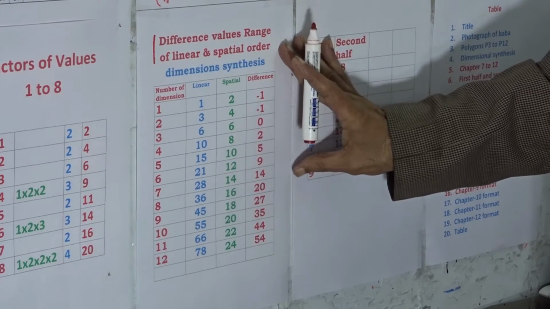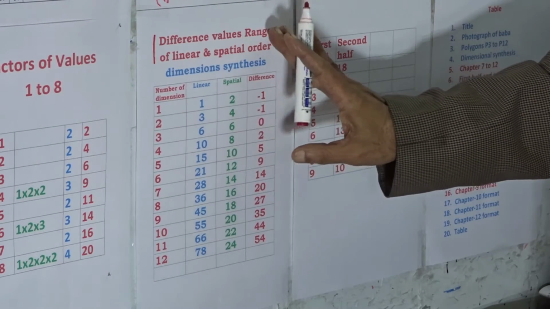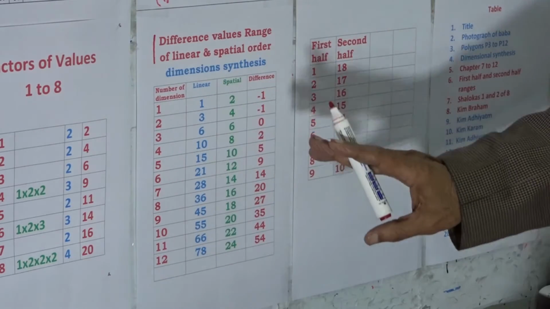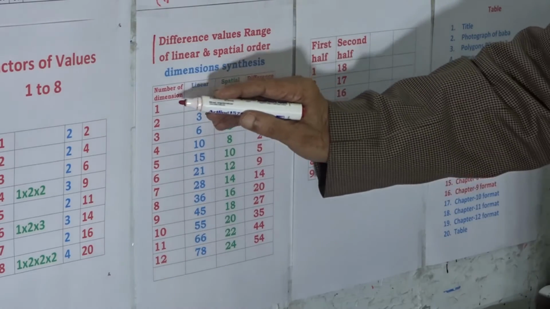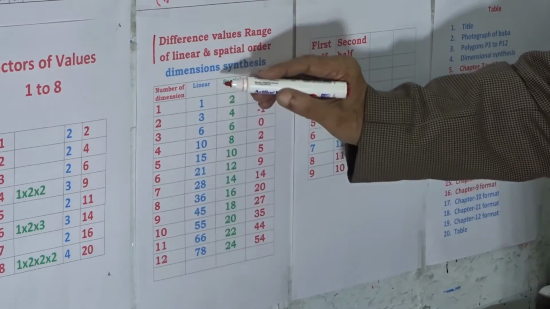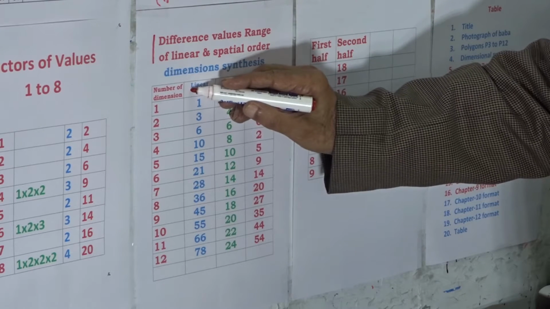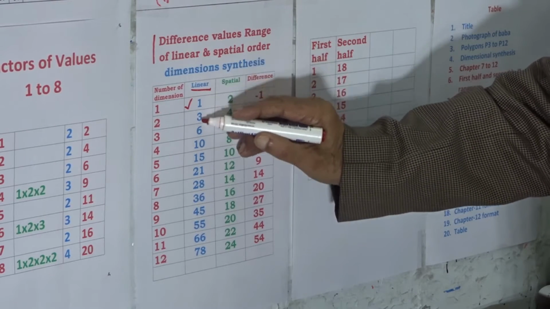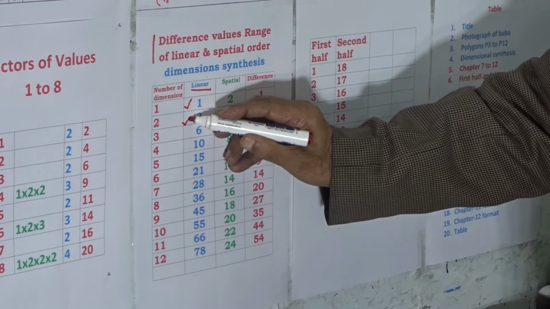This is a tabulation of difference values range of linear and spatial order dimension sets. So if we have a number of dimensions, say 1, 2, 3, 4 up to 12, then for the linear dimensions, a single linear dimension is of value 1 and a pair of linear dimensions is of value 3.